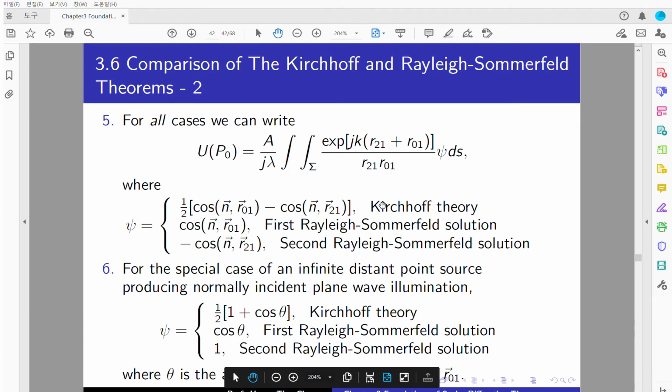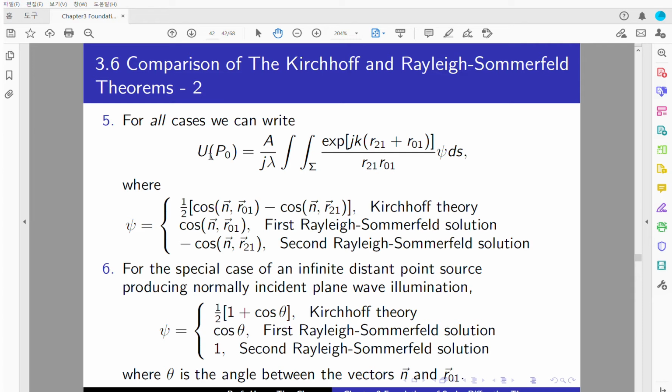Okay, so basically it is an integral of a certain function over the aperture. Then we get the field component. What we mean by field component is the scalar component of either electric field or magnetic field.